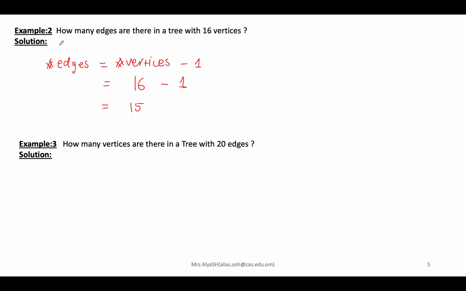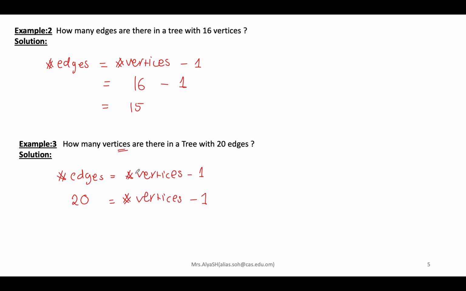Another example. However, we need to find here the vertices. If I already knew that we've got 20 edges. So again, number of edges in any tree is equal to number of vertices minus 1. Now in here, I've got the number of edges, which is 20, and I need to find the number of vertices.